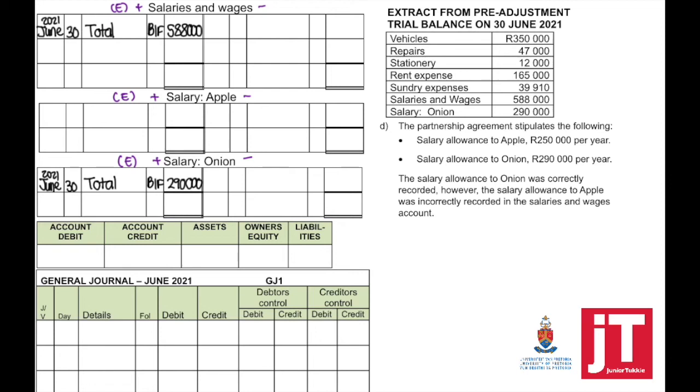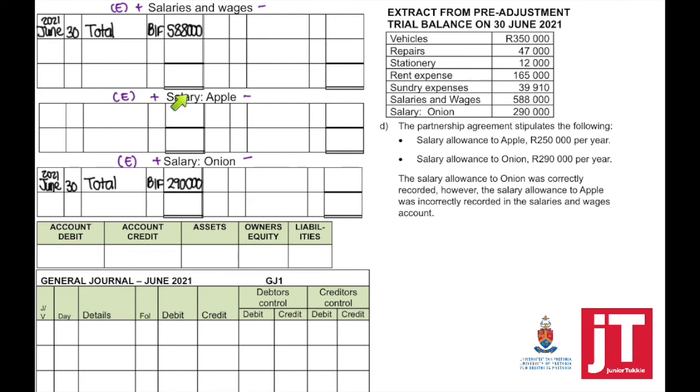At the end of the accounting period, we need to show what a partner is entitled to as his salary over 12 months. So what happened now is that they've incorrectly shown the salary allowance to Apple as part of the salaries and wages, which means we need to correct that. From the pre-adjustment trial balance, salaries and wages has a total brought forward on the debit side because it's an expense.